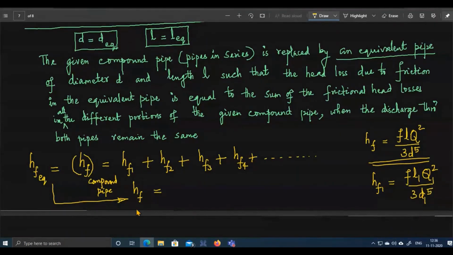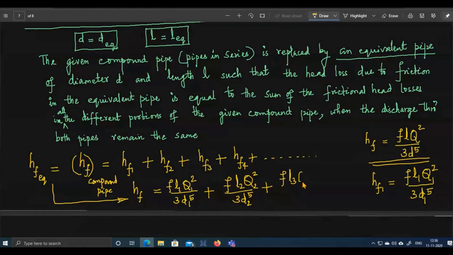So HF is equal to HF1, that is fL1 Q1 square divided by 3 times D1 raised to 5, then plus HF2, that is fL2 Q2 square divided by 3 times diameter D2 raised to 5. And then similarly, fL3 Q3 square divided by 3 times diameter D3 raised to 5, and so on.